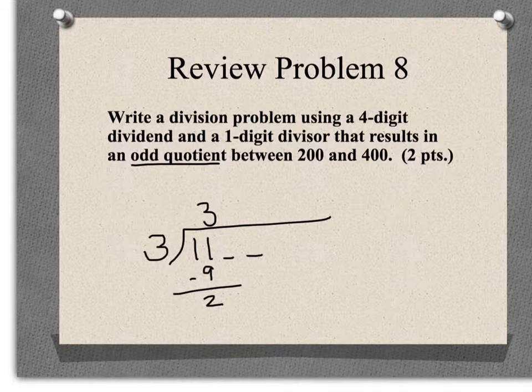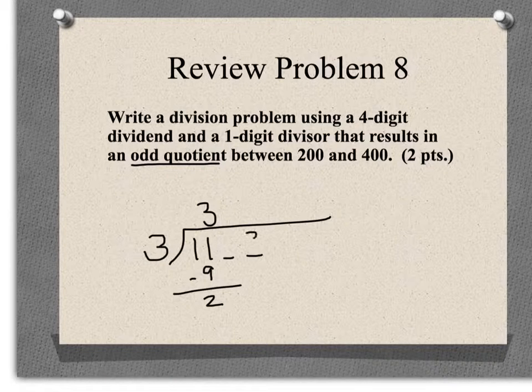I'd bring down the 2. So far I'm doing good. I want my answer to be odd though. So I'd like my leftover amount after my next answer to be 3.